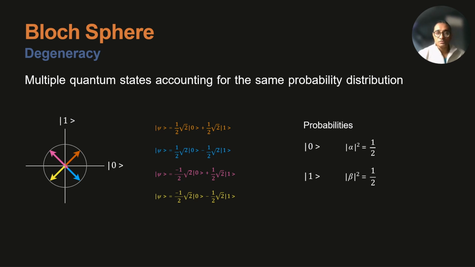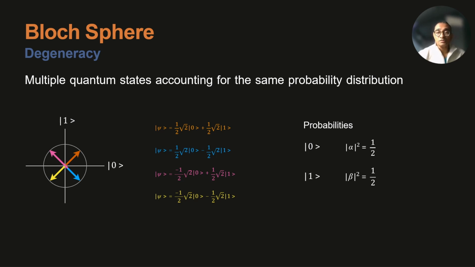It is also important to note what you call degeneracy, that multiple quantum states can account for the same probability distribution. What we see here are arrows with different colors, having different amplitudes, representing probably different states of a qubit.